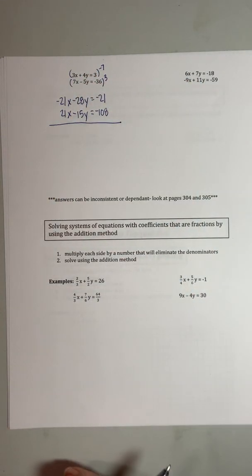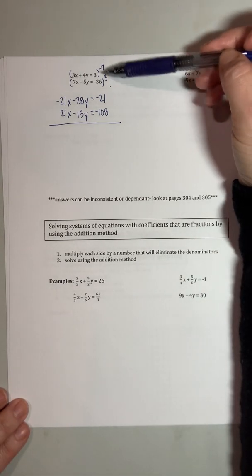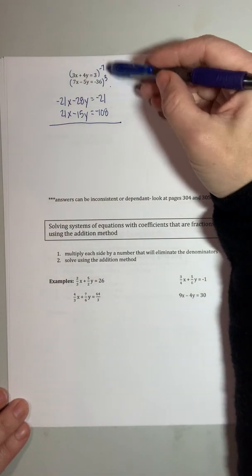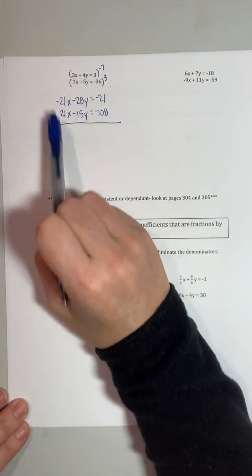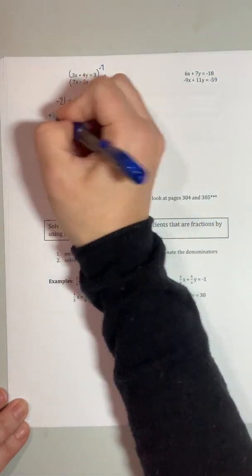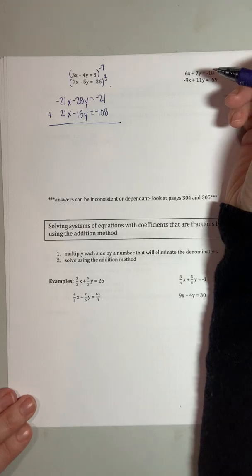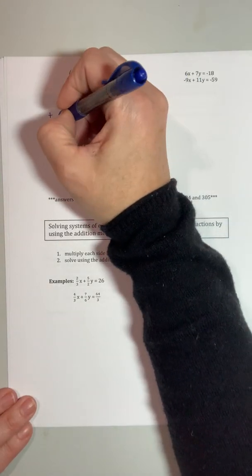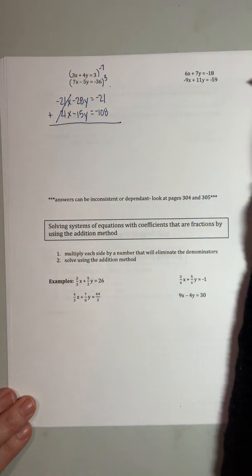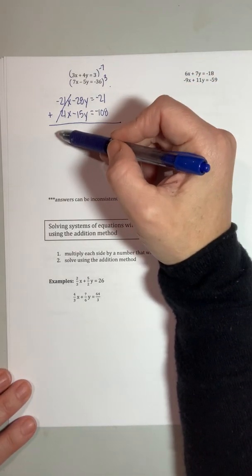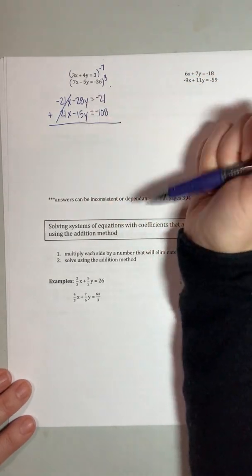Okay, so by multiplying both of these equations by a number, I now have opposites here. I have a negative 21 and a positive 21, which allows us to cancel those out. Okay, that's your goal. You need to get rid of one so you can just solve for one variable.